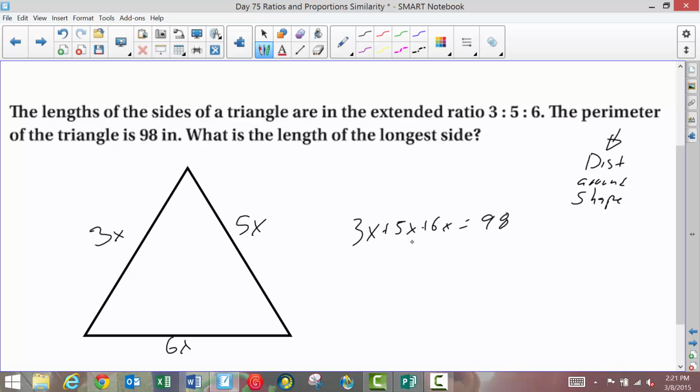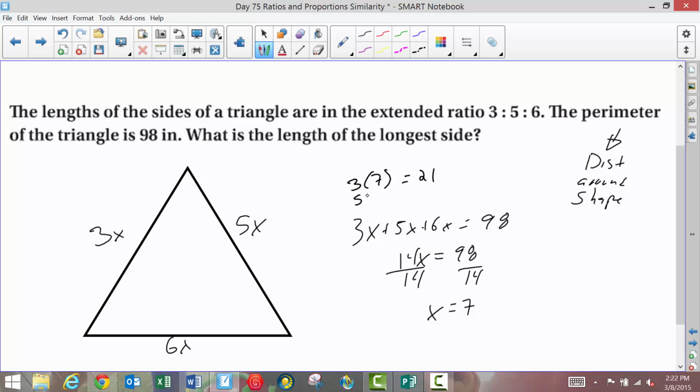So I have 3x plus 5x is 8x, and 8x plus 6x is 14x equals 98, divided by 14. So 98 divided by 14 is 7. So x is equal to 7. So for my lengths, again, I have to substitute it back in. 3 times 7 is 21.